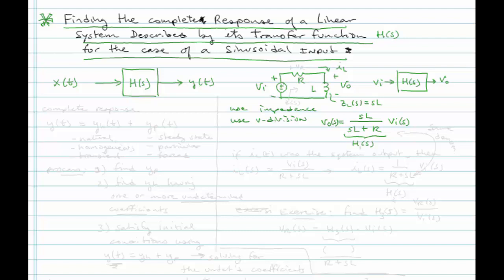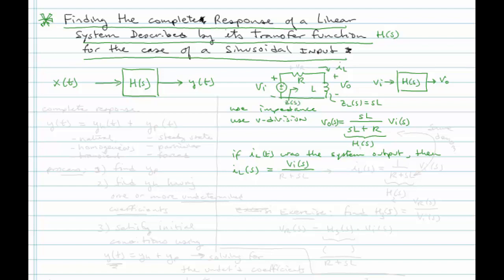Now, if we were solving for IL, so if IL was our system output, then we would have a different transfer function. What would we have in this case? IL, and I'm going to write it in terms of s because we're using impedance, would be equal to the total voltage applied to the system divided by the impedance that voltage sees.